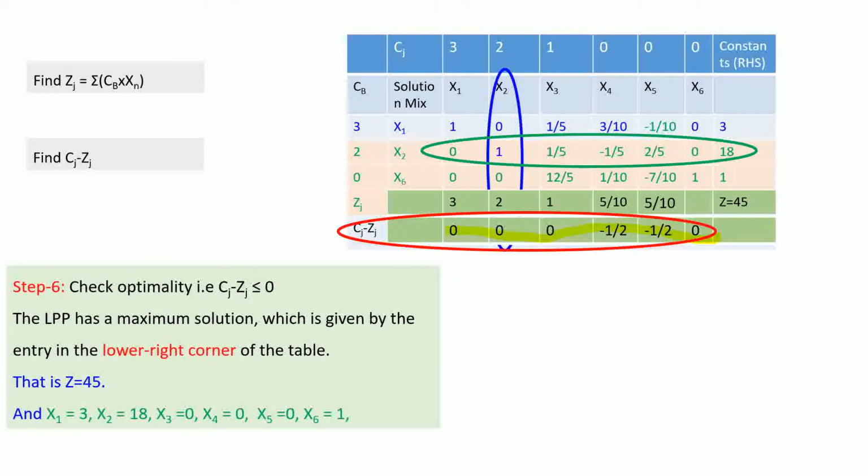And our maximum solution is found in the lower right corner, that is 45. As you see here, our objective function becomes 45 with x1 equals 3 and x2 equals 18, and the slack variable x6 equals 1. So x1 equals 3, x2 equals 18, and x6 equals 1, and the other slack variables' values become 0. This is the optimal solution.